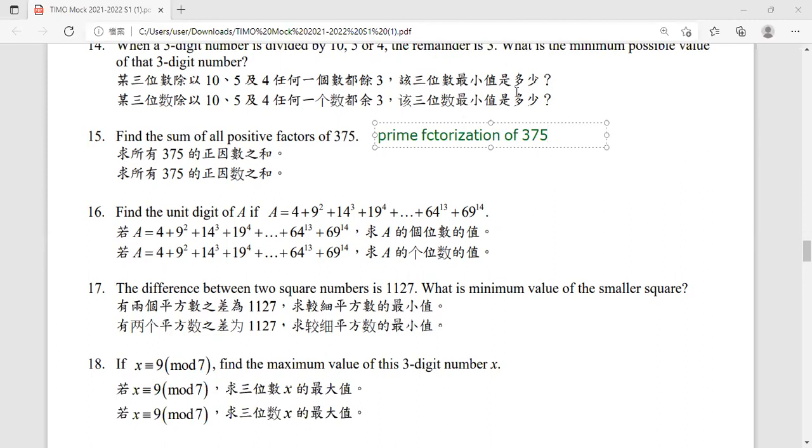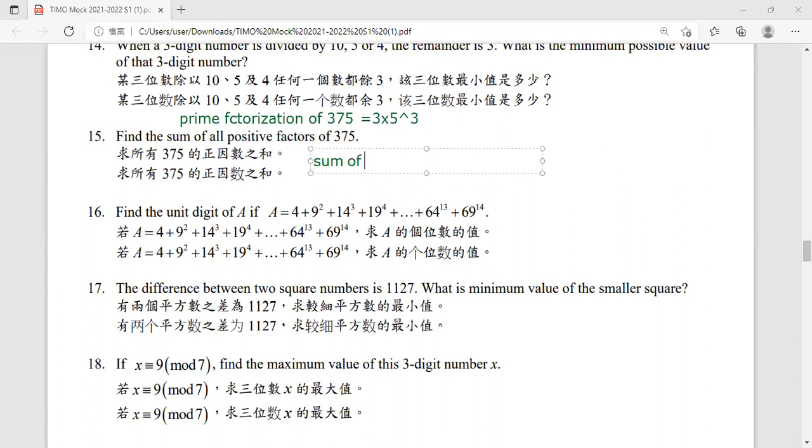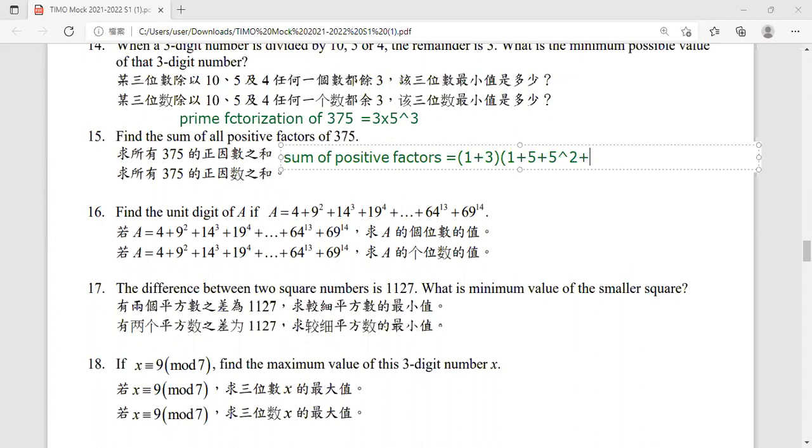Now, the sum will be equal to what? 1 plus 3, times 1 plus 5 plus 5 squared plus 5 cubed.